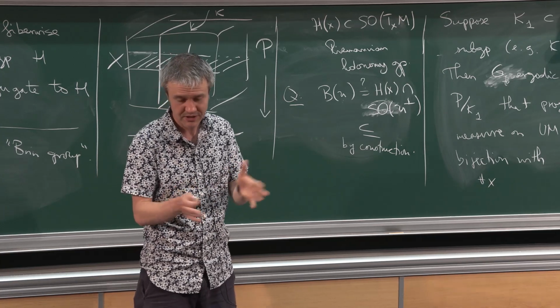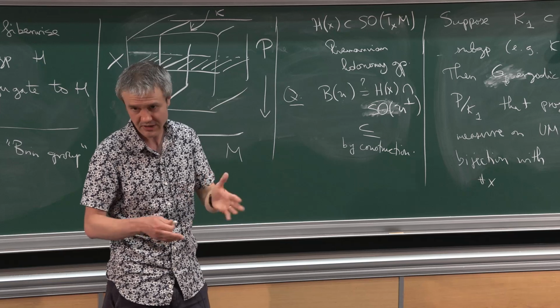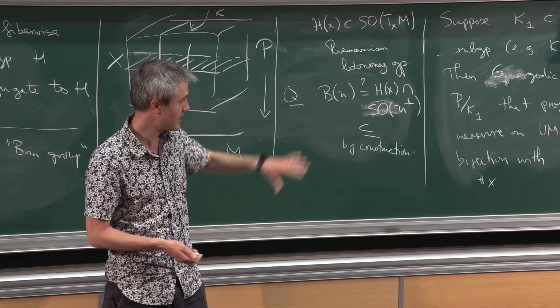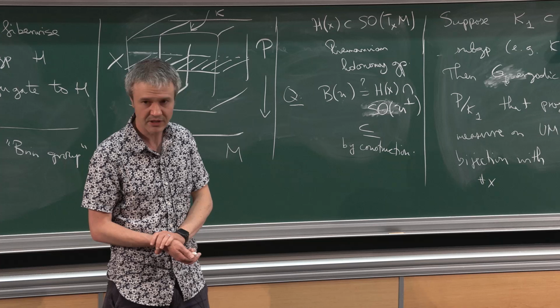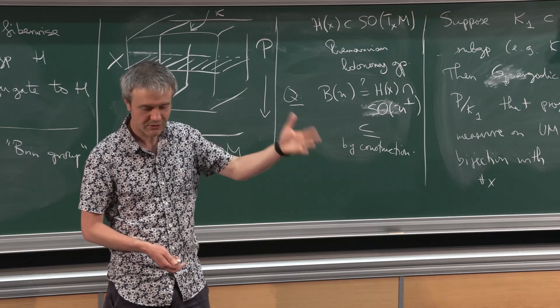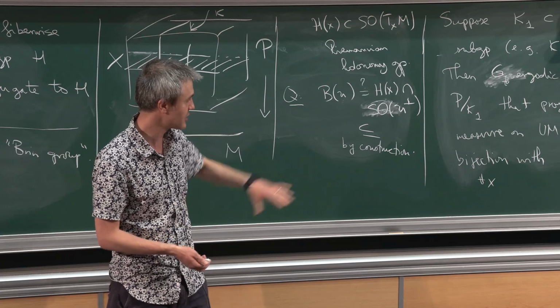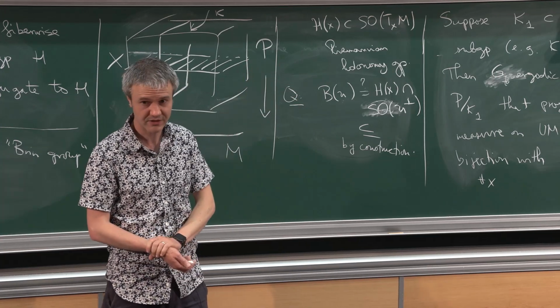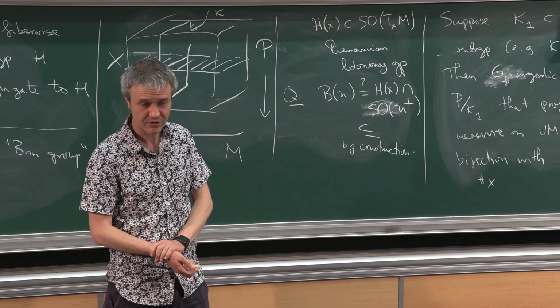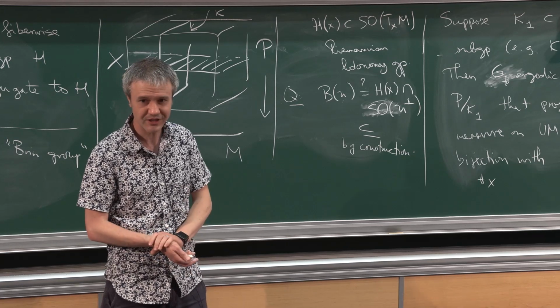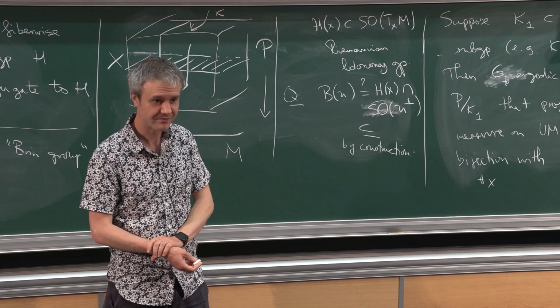If you assume the right pinching, you can derive this conclusion, in increasingly better generality. But still, you could have not very pinched curvature, and the holonomy group could still be h of x. So I think pinching is not, to my mind, the right condition.